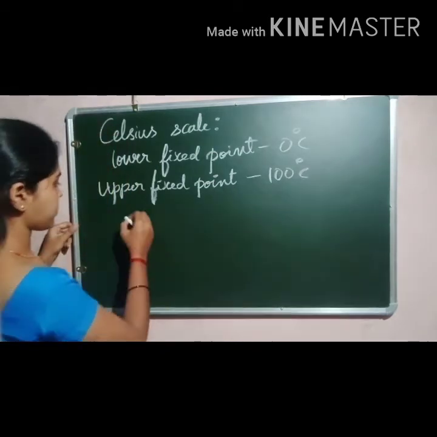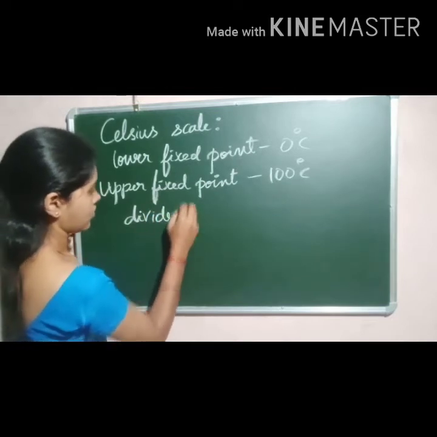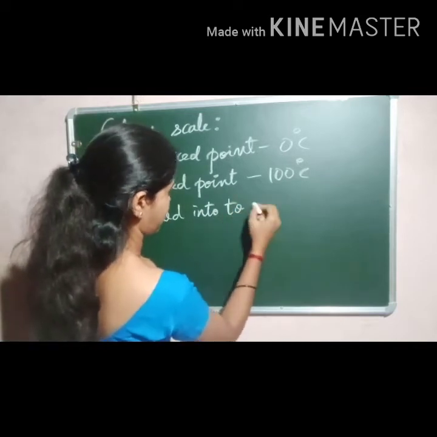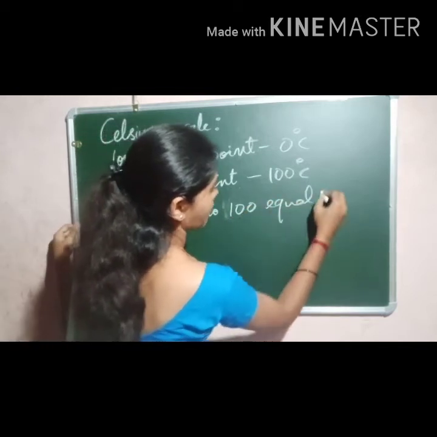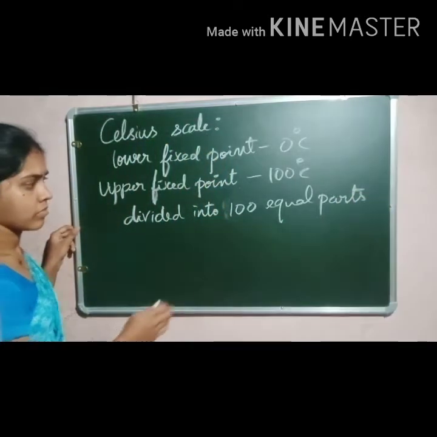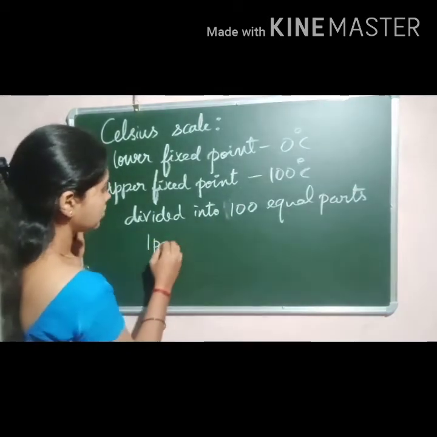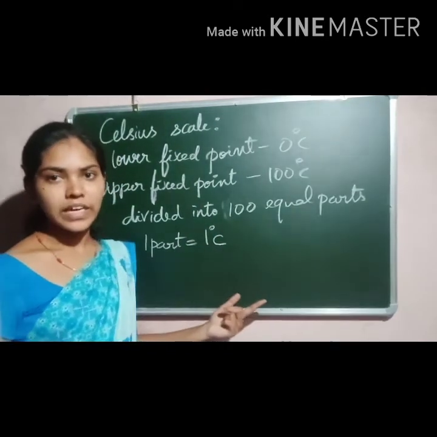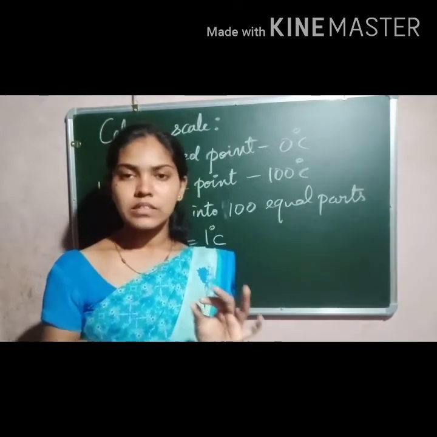It is divided into 100 equal parts, and one part is equal to 1 degree Celsius. Now in the centimeter scale, how is it?